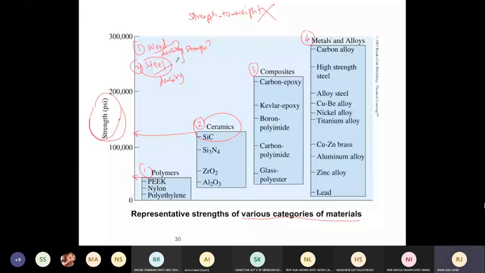So you will get one value, which is known as the strength to weight ratio. Whichever value is higher will be known as the stronger material.